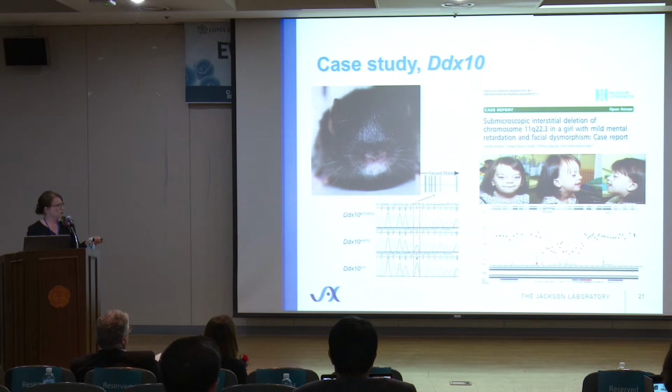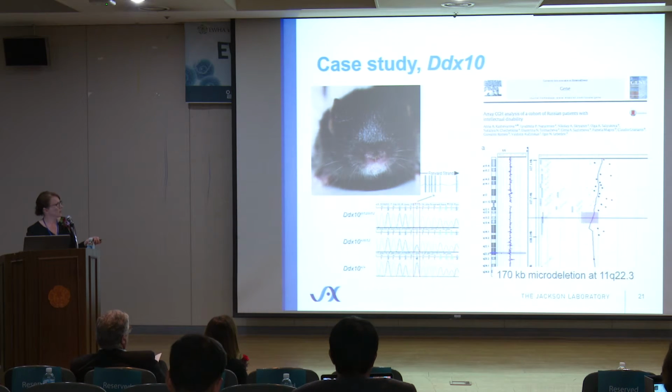And this turns out to be a deletion in a large region that encompasses several genes, with DDX10 as one of those genes. In another paper that actually was published right around the same time that our paper came out, this is a patient that has a smaller deletion, 170 kb deletion, also in the same region of chromosome 11, and this actually only contains DDX10. And so this is a patient who has craniofacial dysmorphology, and he also has learning deficits as a young child.